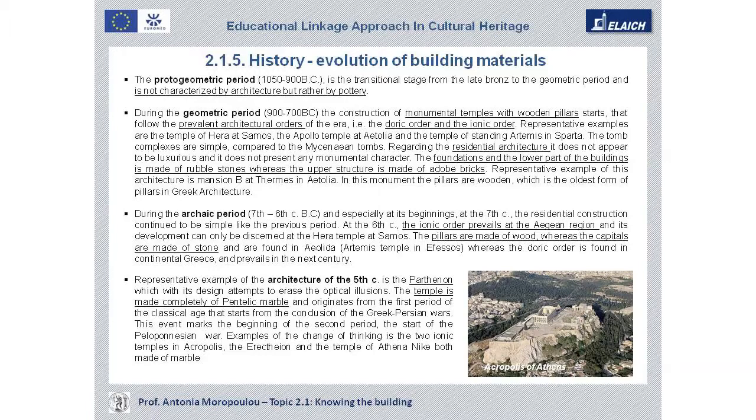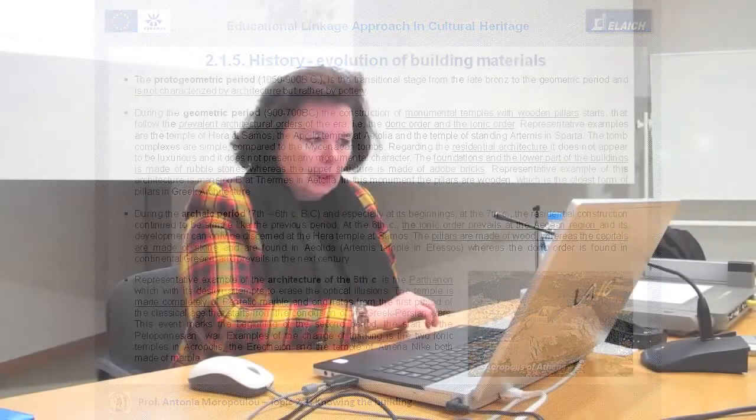In the 5th century, the Neoclassic period, the Parthenon and the Acropolis of Athens are prevailing as the masterpieces of this period, which are now symbolic and emblematic monuments of the World Heritage.